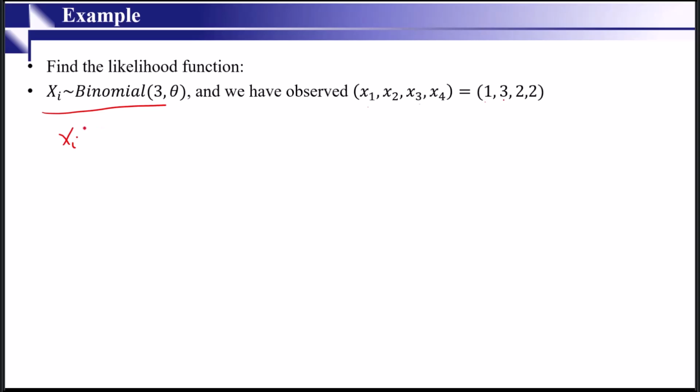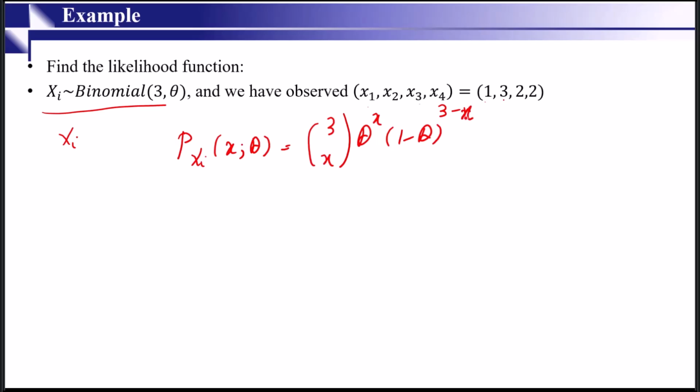So if x follows a binomial of 3 and theta, then the probability mass function of a single observation xi we can write as P(x, theta) is equal to combination of 3 and x, then theta to the power of x, 1 minus theta to the power of 3 minus x, right? Success probability, failure probability. Because the samples are iid, the joint PMF is the product of the marginals.